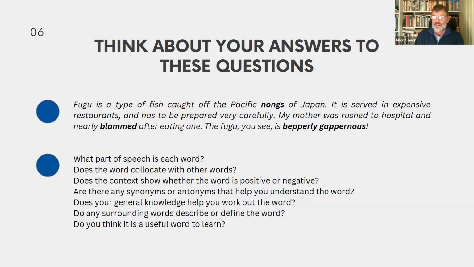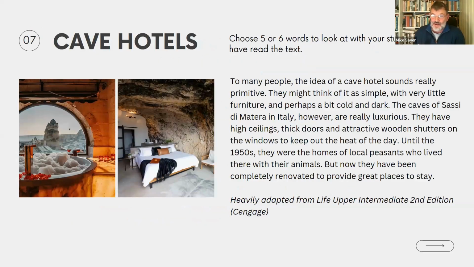Okay, right. Once you've used nonsense words to get students to develop the skill of grappling with words and guessing their meaning, we can go on to a real text. So I'm going to give you a task here, although I won't get any feedback on it. I'll just give you 20 seconds, 10 seconds, whatever, to look at this text, which is about cave hotels.